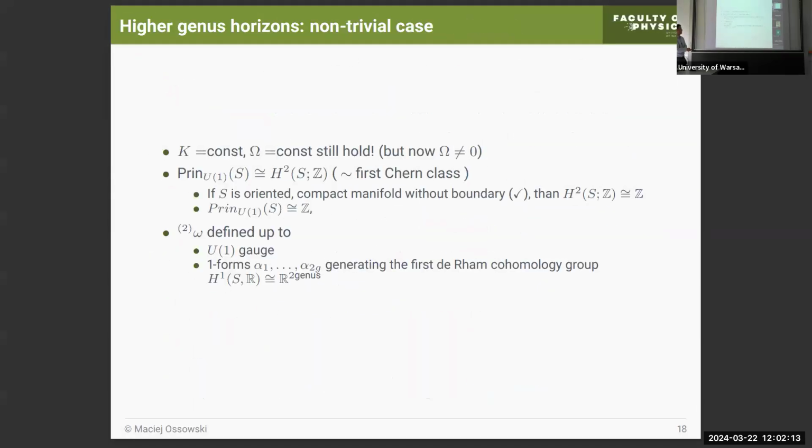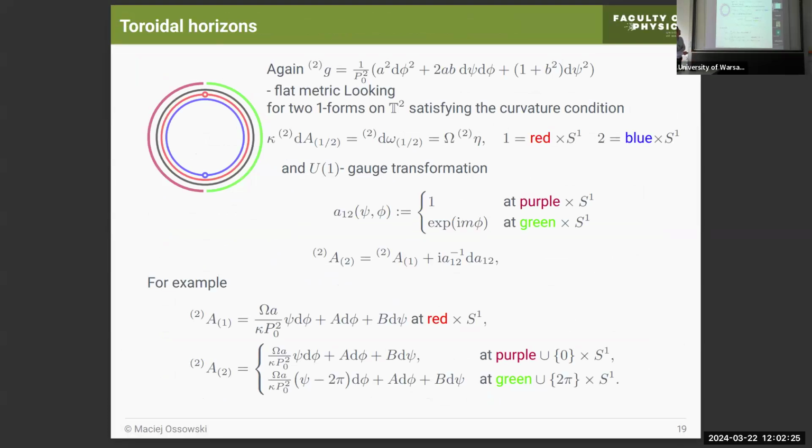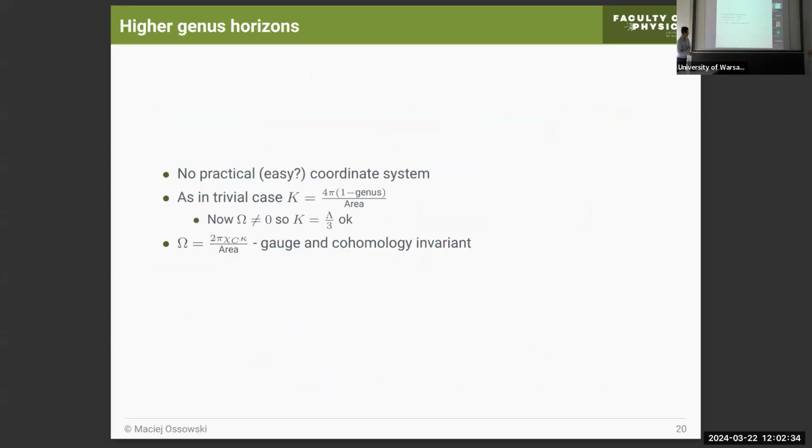And it is given not only up to gauge, but also up to the one forms which generate the first de Rham cohomology group. This can be done explicitly for the torus. However, maybe just in the interest of time, let me skip this part.